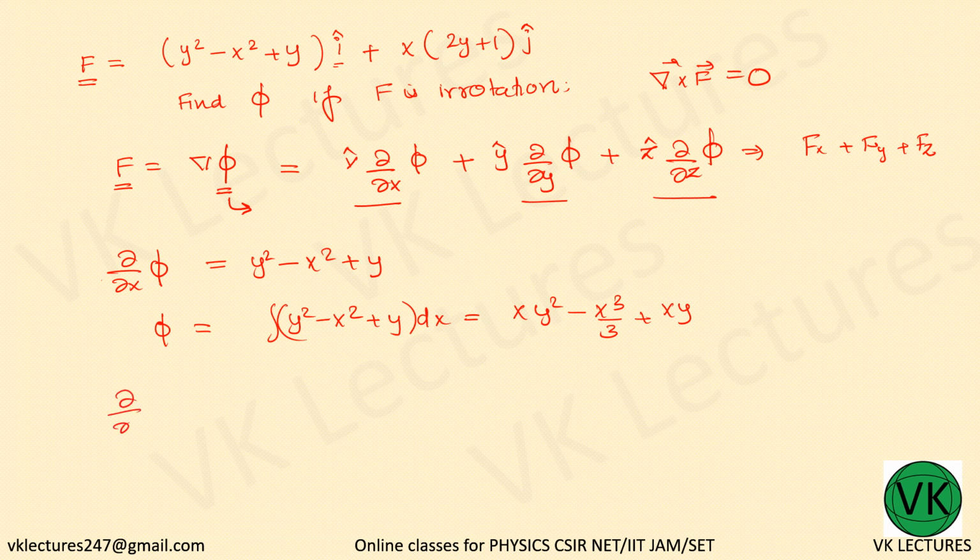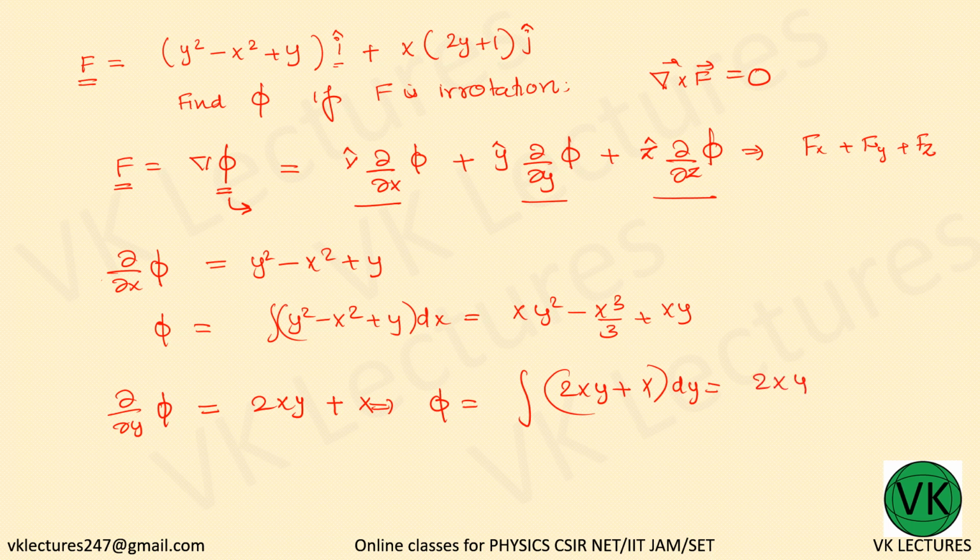Dou by dou y of phi is equal to 2xy plus x, which implies phi is equal to the integral of 2xy plus x with respect to y. So 2xy square by 2 plus xy, the 2 gets cancelled. So x square y plus xy.